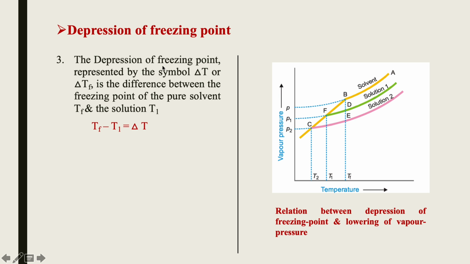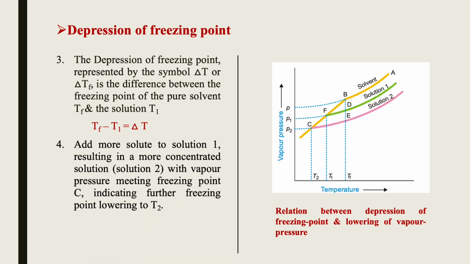Here the depression of freezing point, represented by the symbol delta T or delta TF, is the difference between the freezing point of the pure solvent TF and the solution T1. So they are comparing this ABC graph with solution 1, that is the green graph. As you have two different points, TF minus T1, you will have this difference, that is delta T. That delta T represents the depression of freezing point.